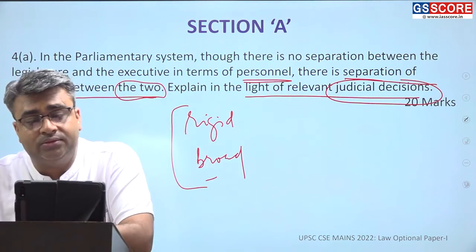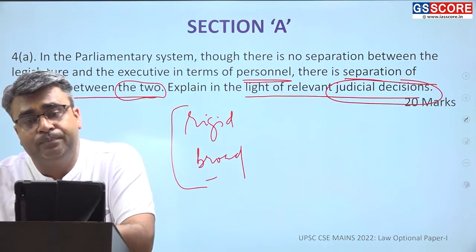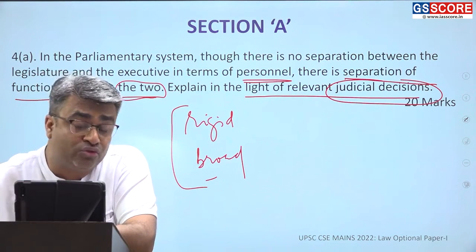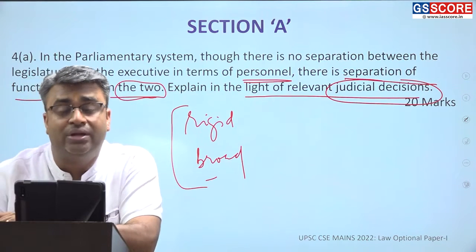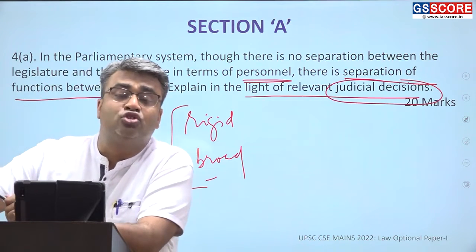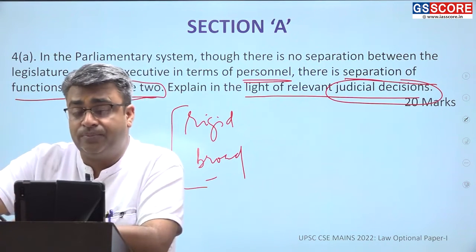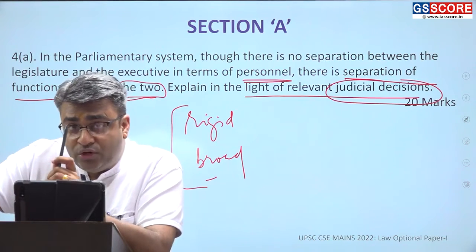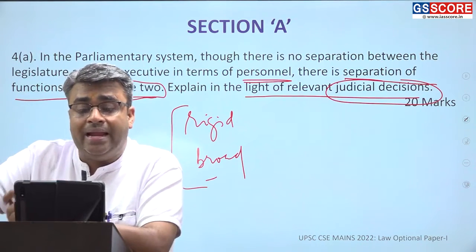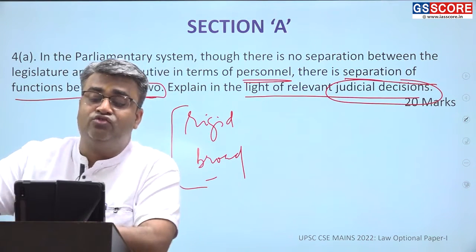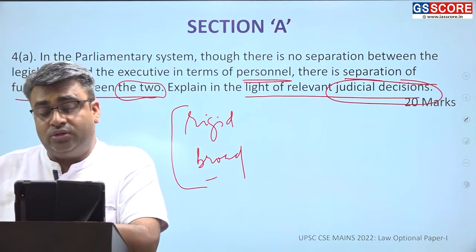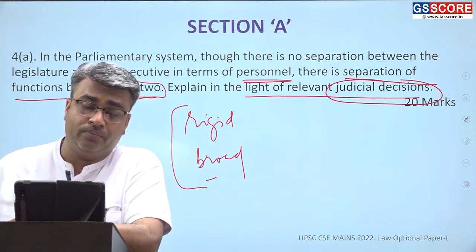In the Golaknath case, the Supreme Court held that the Constitution brings distinct constitutional entities, that is the Union and the State, then major instruments like the judiciary, executive, and legislature. The Constitution demarcates their jurisdiction very minutely and expects them to exercise their functions without interfering with the functions of others. So they should function within their own scope.